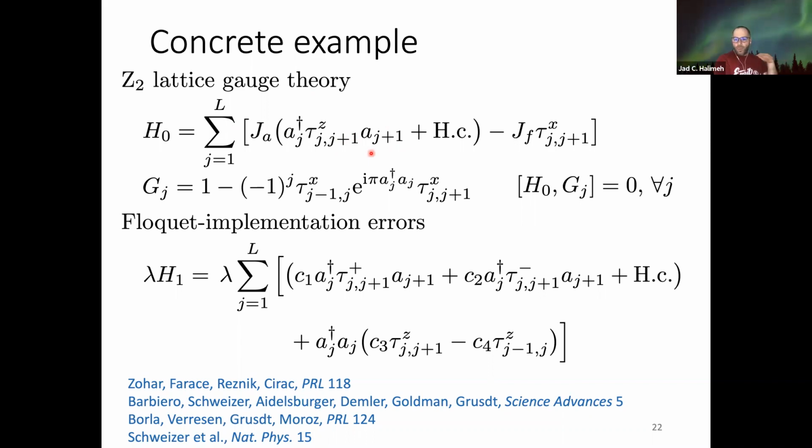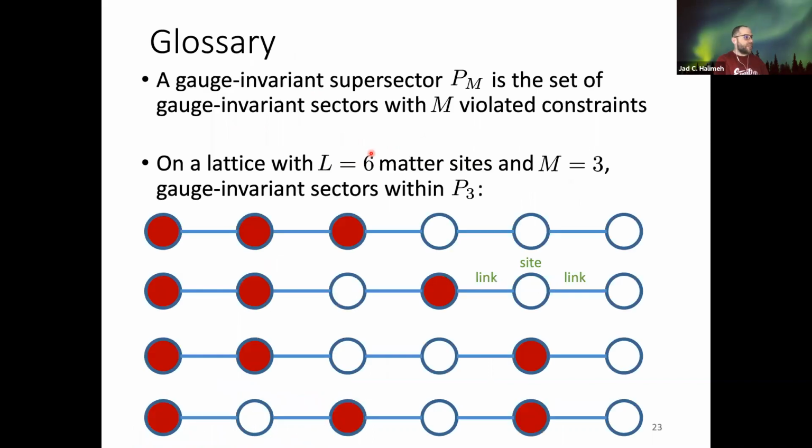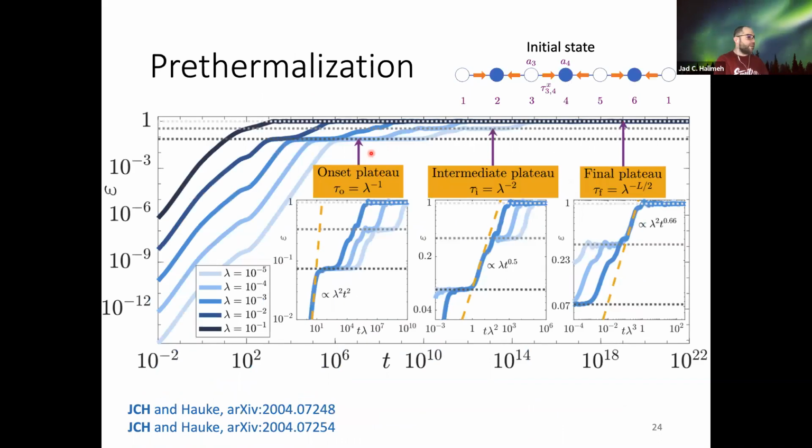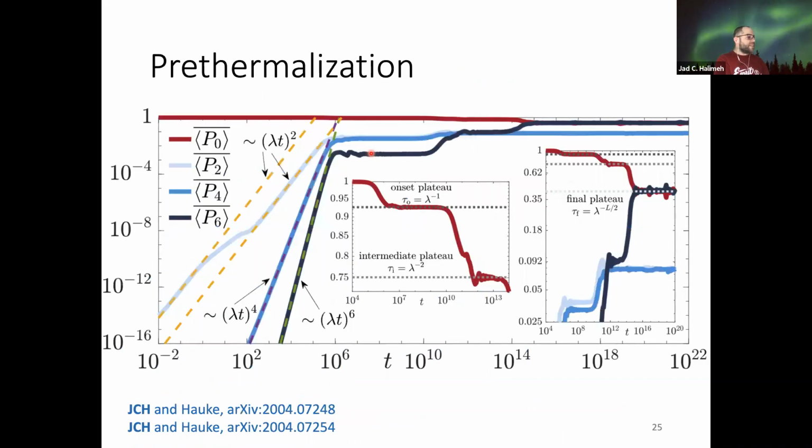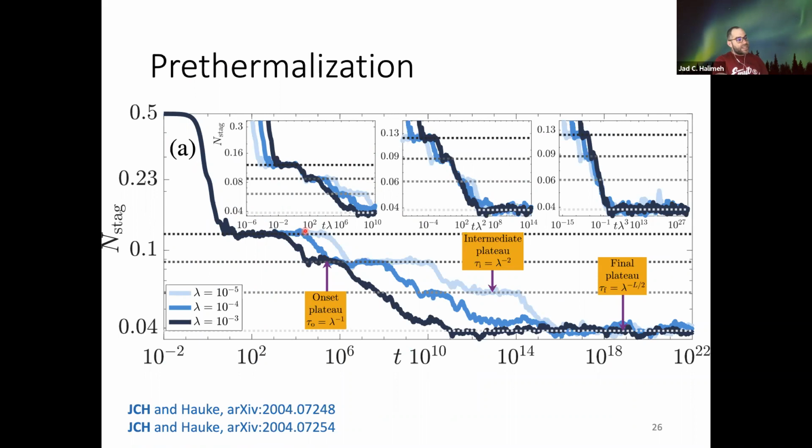And so if you look at the boson number, you're not going to see any dynamics because H1 also does not break it. But if you look at the staggered boson number, again, you see this interesting plateauing behavior at these different timescales. And again, we do the timescale analysis here, T lambda squared, T lambda cubed, and you see them falling on top of each other.